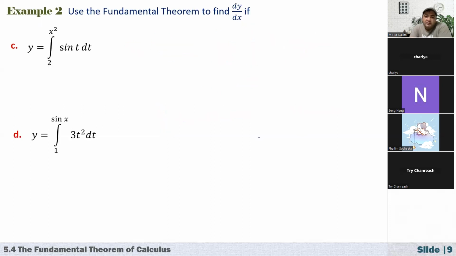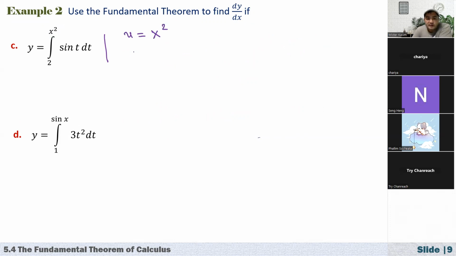Use the fundamental theorem to find dy dx. Now, we do not have x as the upper limit, but here we have x squared. How should we calculate this? To do this, we are going to use substitution. Suppose that u is equal to x squared.